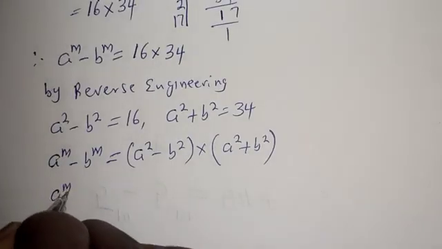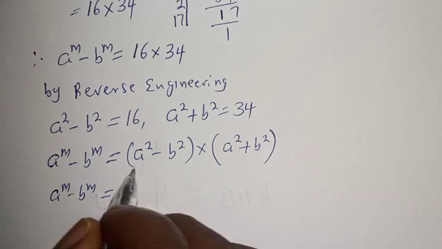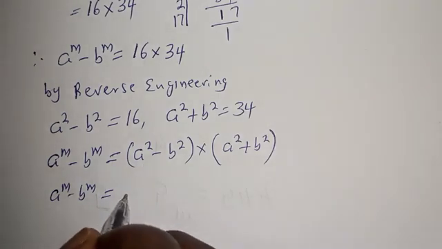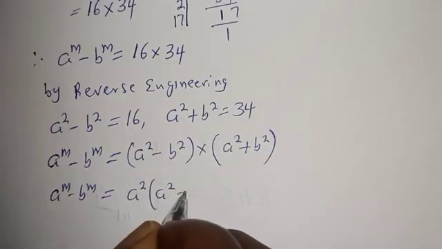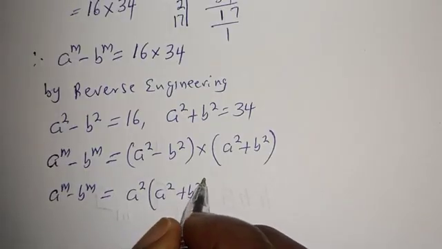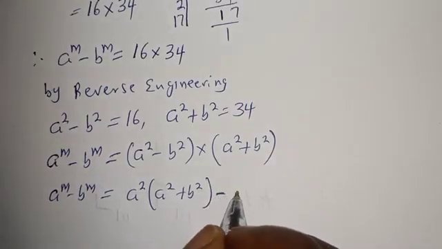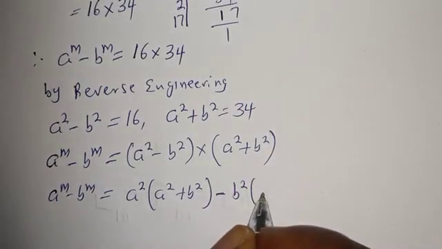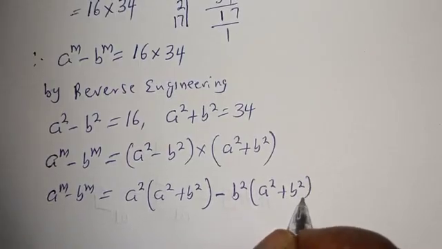A raised to power m minus b raised to power m is equal to, this can be expressed as a square bracket a square plus b square minus b square bracket a square plus b square.